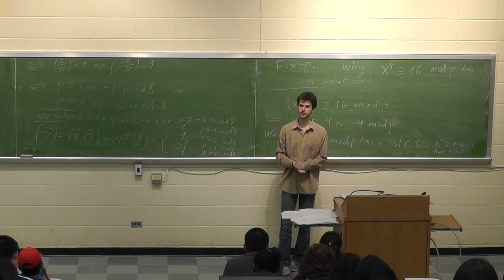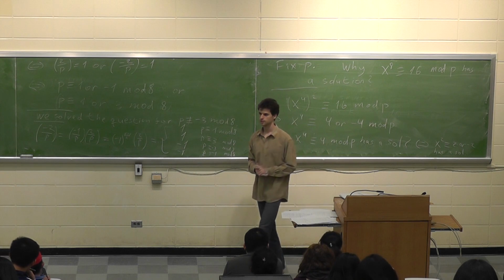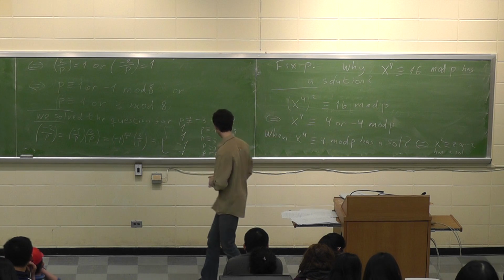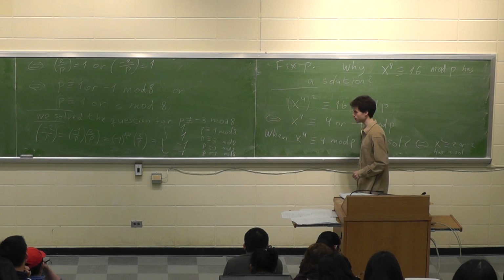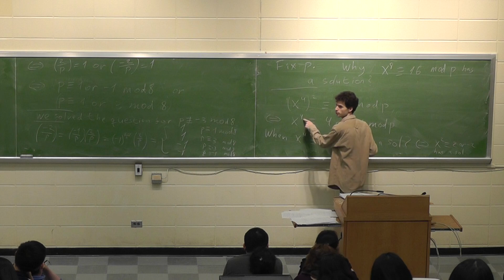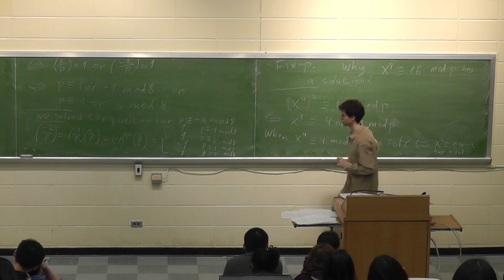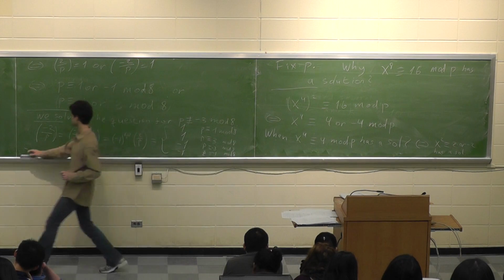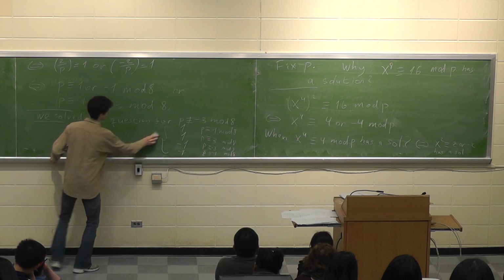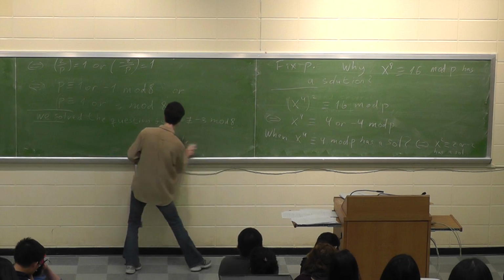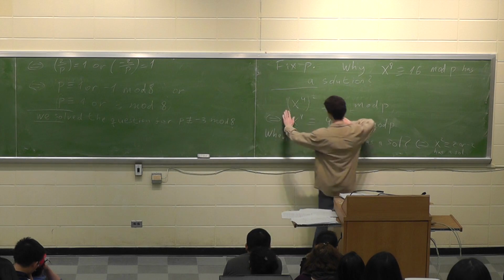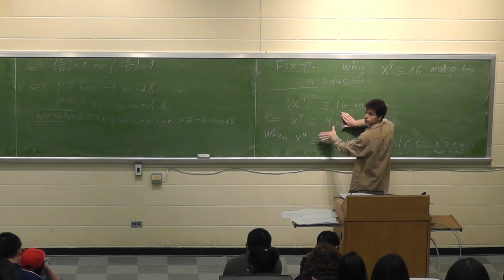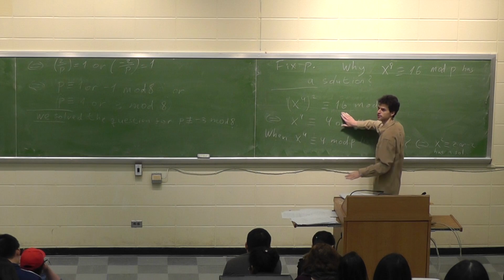minus 3 modulo 8. For negative 4, it's a quadratic residue, well, we have to show that it's not just a quadratic residue, that it is a fourth power of something. Sure. So let me write this down. So we decided that when p is congruent to minus 3 modulo 8, this equation, x to the fourth is congruent to 4 modulo p, has no solution.